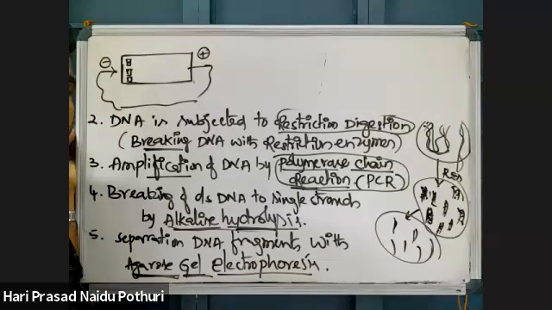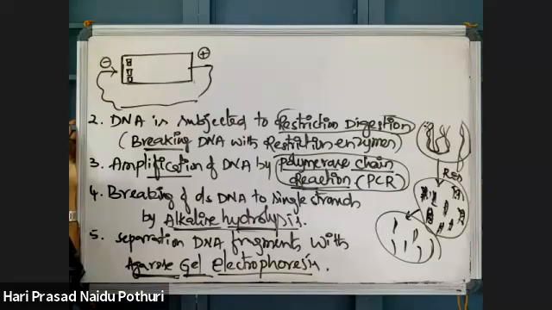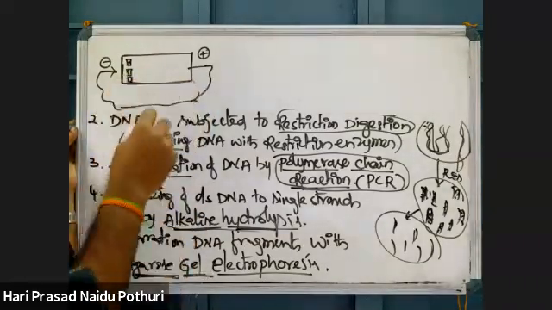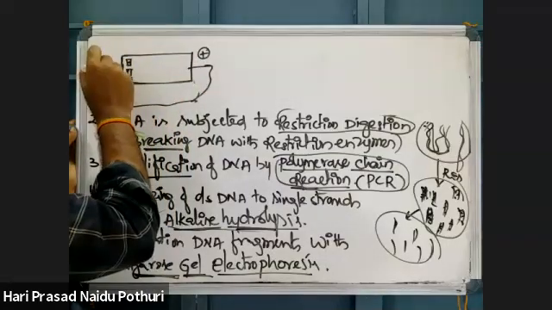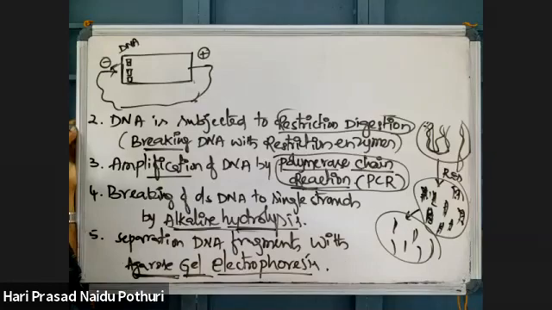What happens if the power supply is connected to the gel plate where the DNA is near the negative electrode? Now we connected the power. What happens now? Charges flow. How will the charges flow?